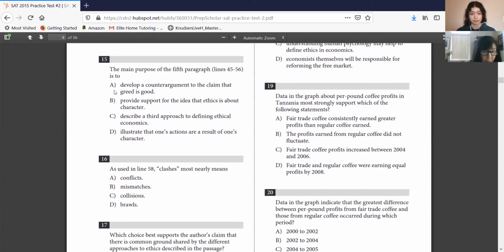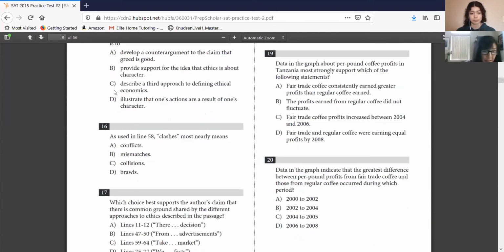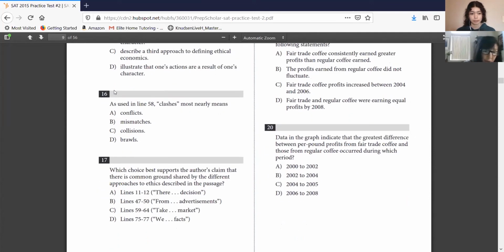16, if we have time for 16, we'll look at that. I'm just trying to give you a variety of question types. Which choice best supports the author's claim? Those you're going to use your line references to find. And you make sure to go to all 4 line references, because again, it says best. Best supports means I've got to look at them all, or else I don't know.